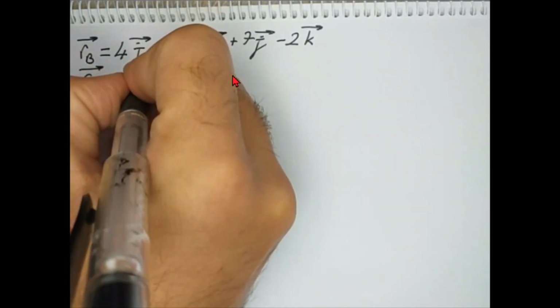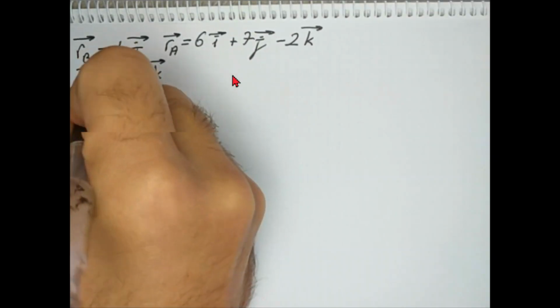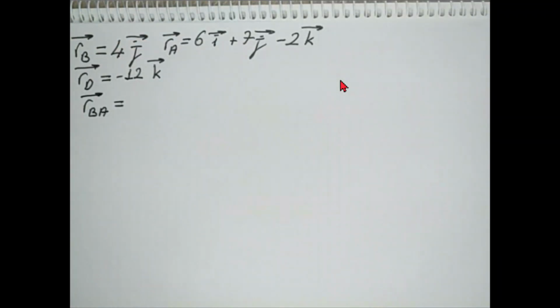Now the next thing is to calculate RBA. RBA is equal to RA minus RB.